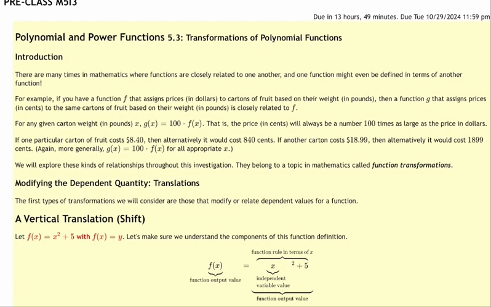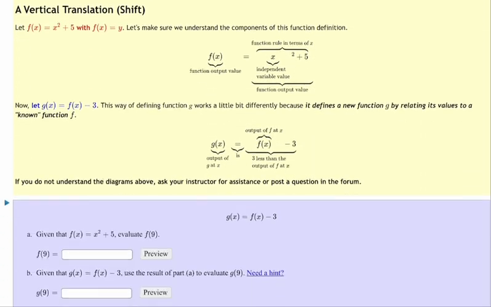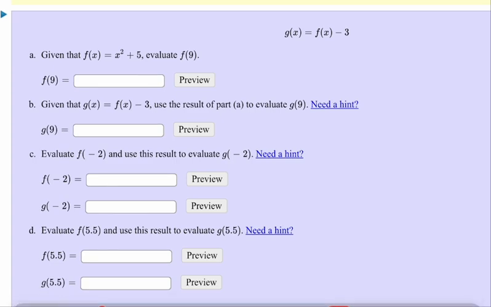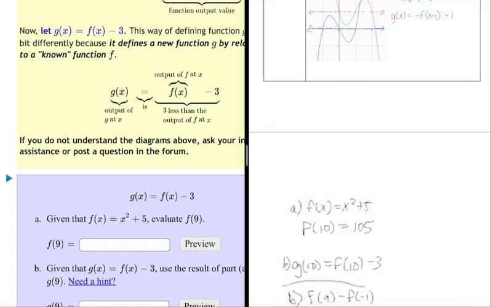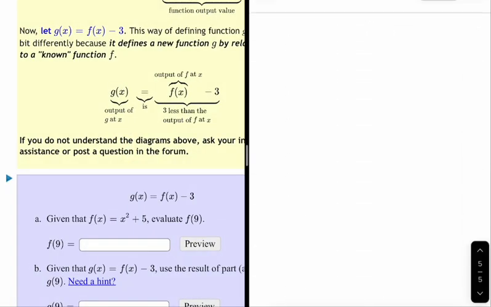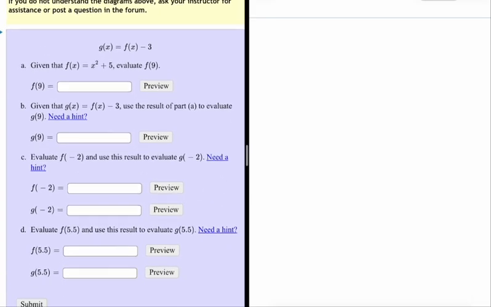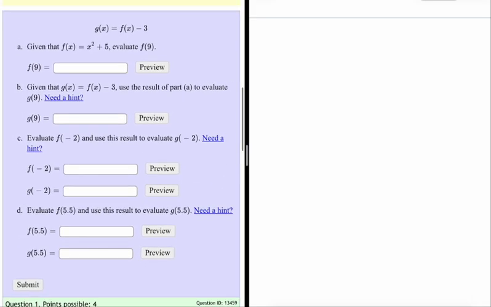So the top just talks about some of those transformations. If you want to look at any of that, please feel free. At this time, we are going to do some of these questions together. Okay. So be careful, again, we might not have exact matches, so watch what we do here.